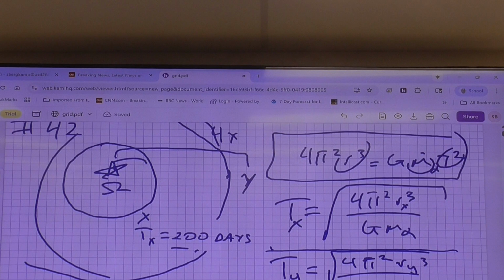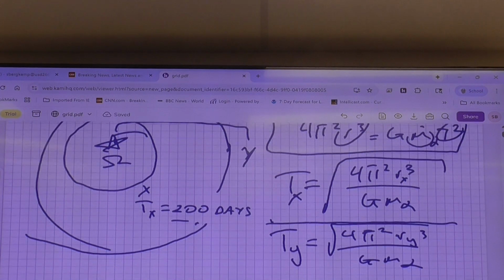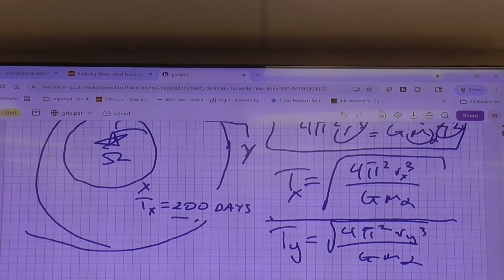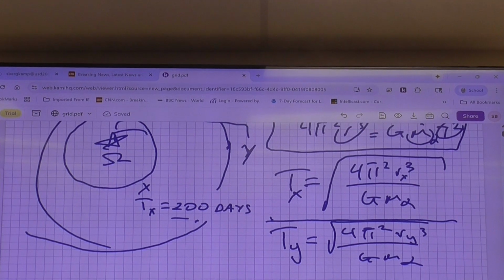Nothing fancy. But here's the story. Because all of this is underneath the radical, I can separate the 4 pi squared over big G mass of Alpha and pull that out, because we're multiplying underneath the radical.